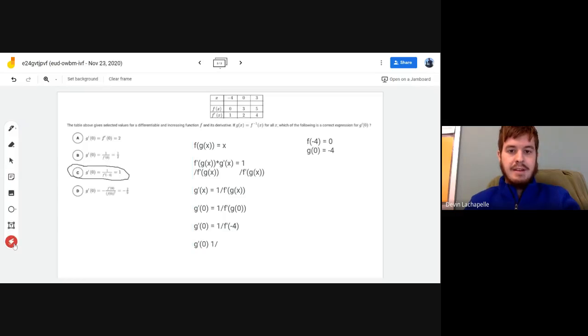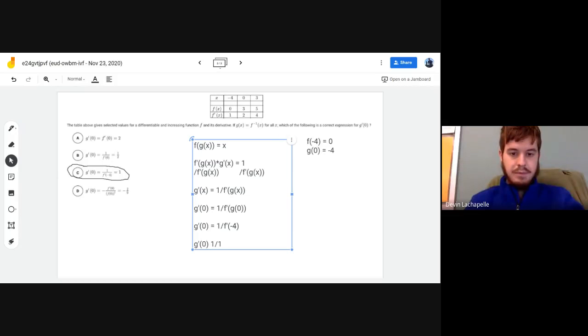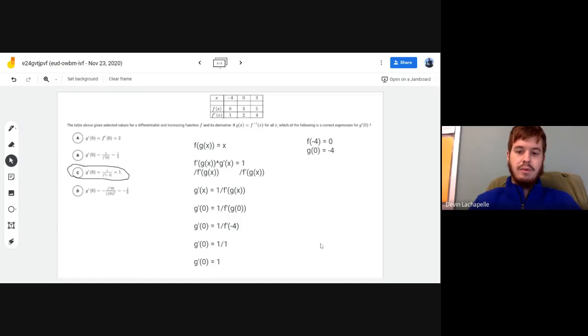Just looking up at my table, f prime of -4 is going to be 1. So 1 divided by 1, and we'll get g prime of 0 equals just 1.